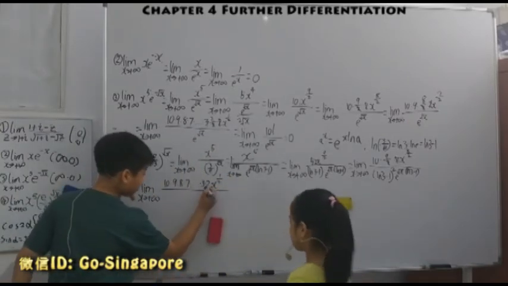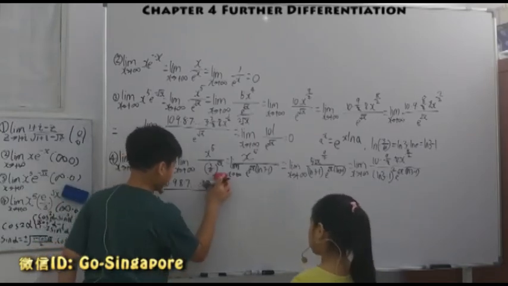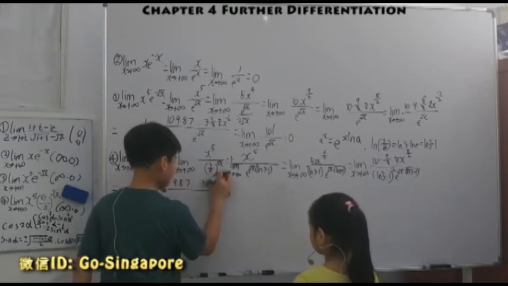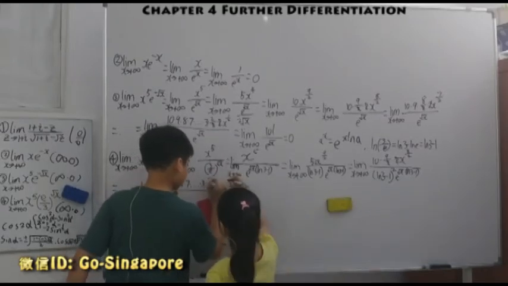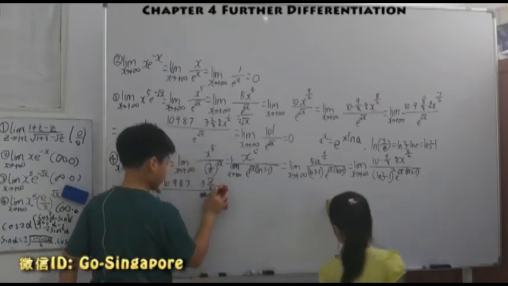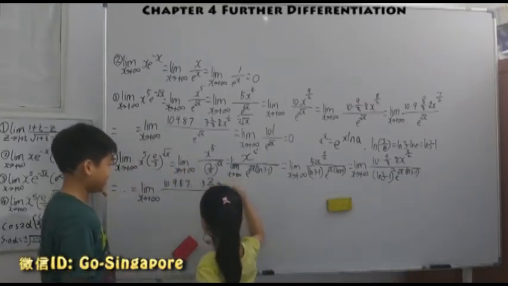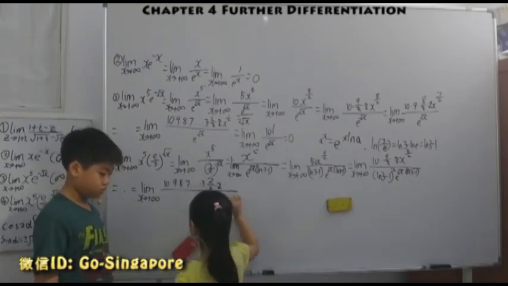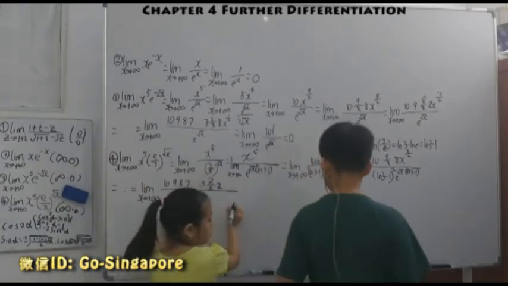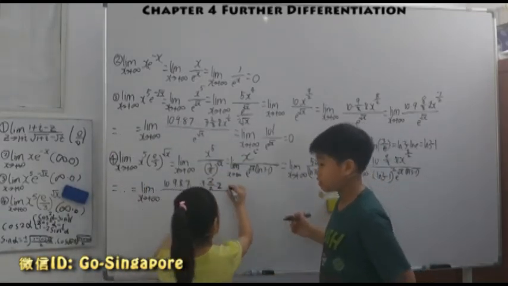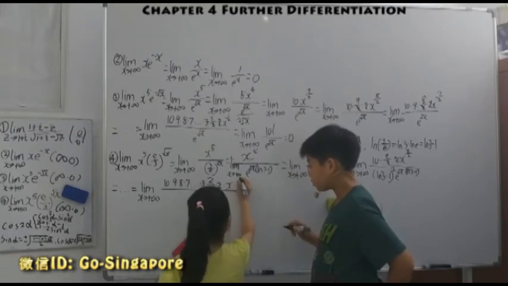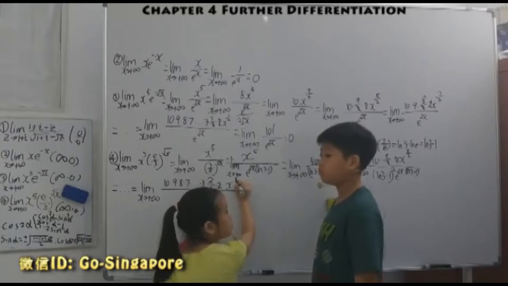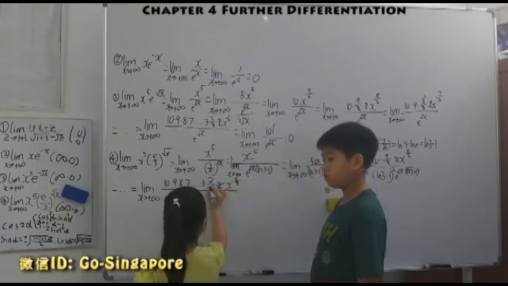Then at first this was actually a 2 over 2, then times 2. So you simplify. Let me write this whole thing. 2 over 2 times x to the power of 1.